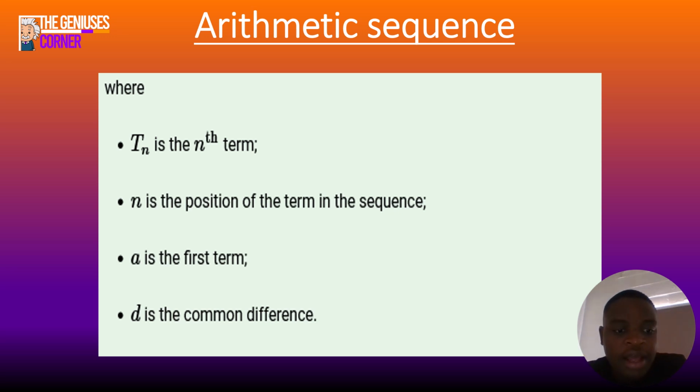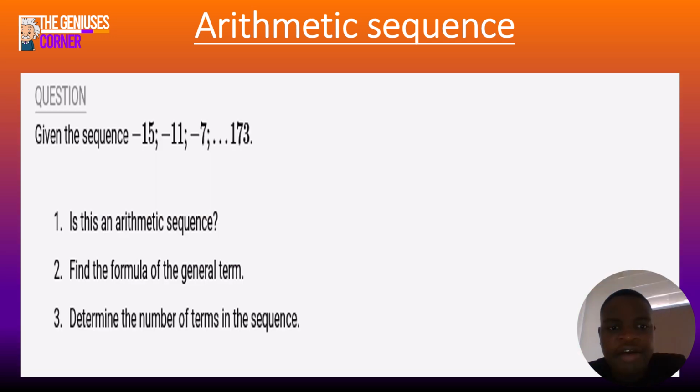Okay, and then we have an example. Let's do this example over here. We have minus 15, minus 11, minus 7, and so on. The question is: is this an arithmetic sequence? How do we know? We know it is an arithmetic sequence if it has a constant difference d.